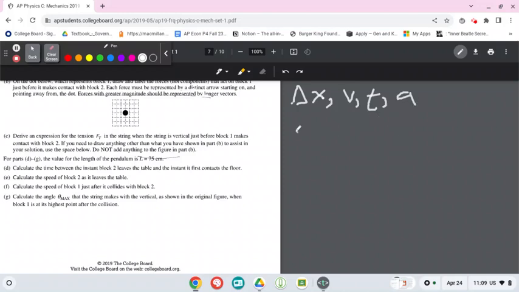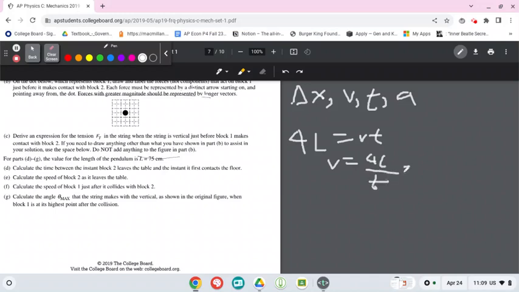Delta x is 4L, since it lands 4L away. We use the same equation as last time: 4L equals vt plus 1/2 at squared, but a is 0 in the horizontal component, so v is equal to 4L over t.